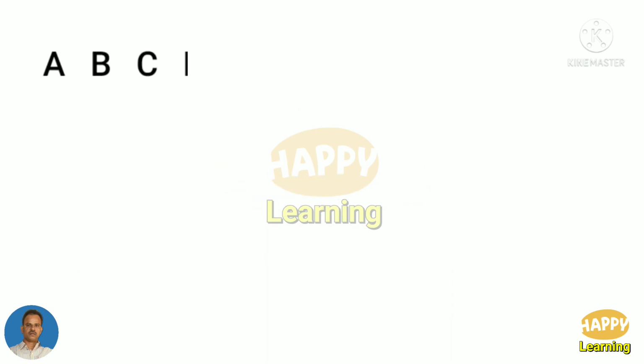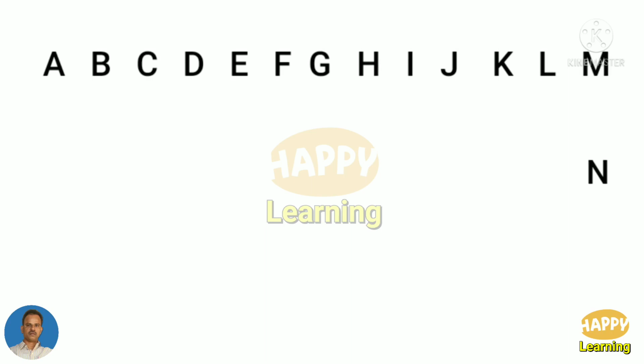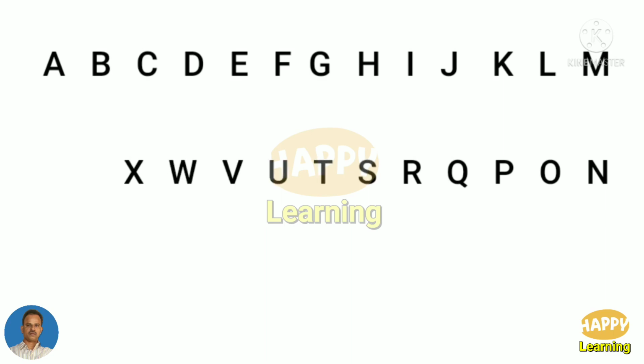Let us first give coding to the alphabets. Later we can give coding to the words given. So first write the alphabets A, B, C, D and so on.